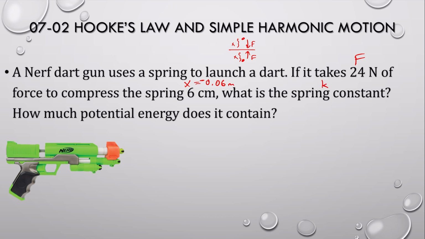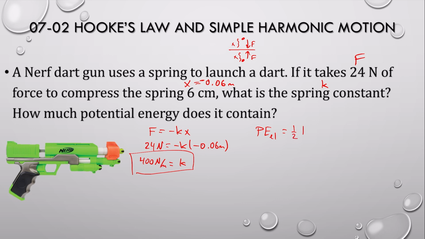We're looking for the spring constant, so we can use Hooke's law. F equals negative kx. So if we have 24 newtons, and our x is negative 0.06 meters, k is 400 newtons per meter. To get the potential energy, it's 1/2 kx squared.